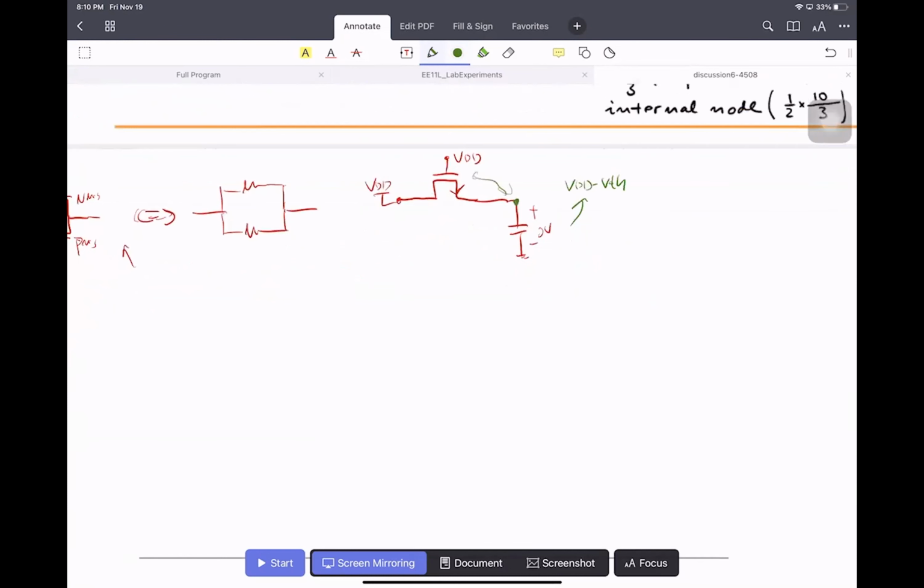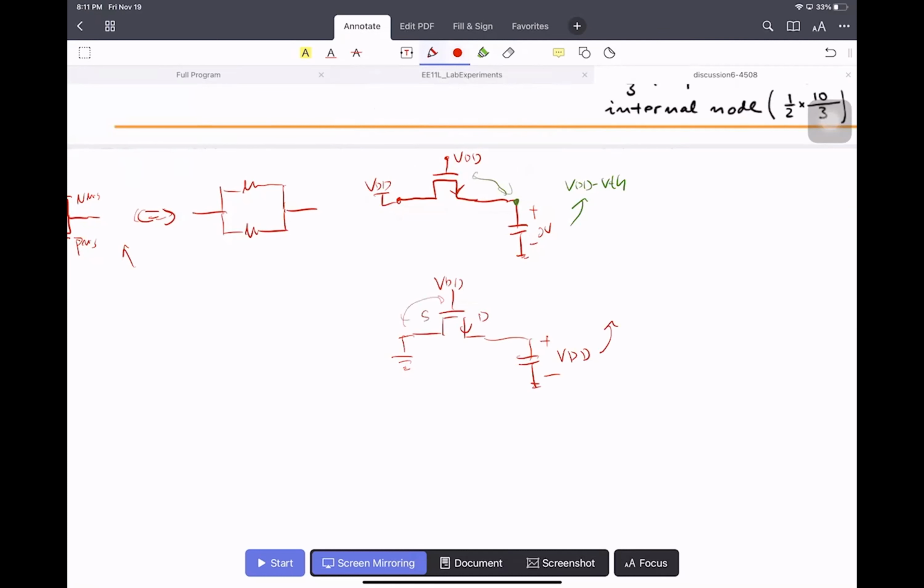So the output can only stay at VDD minus VTH. Now if you use the NMOS to discharge, say the input is ground and the other node is VDD, with the initial condition across the capacitor being VDD, what will the voltage across the capacitor be at the end? It can be 0, because in this case, here is the drain, here is the source.